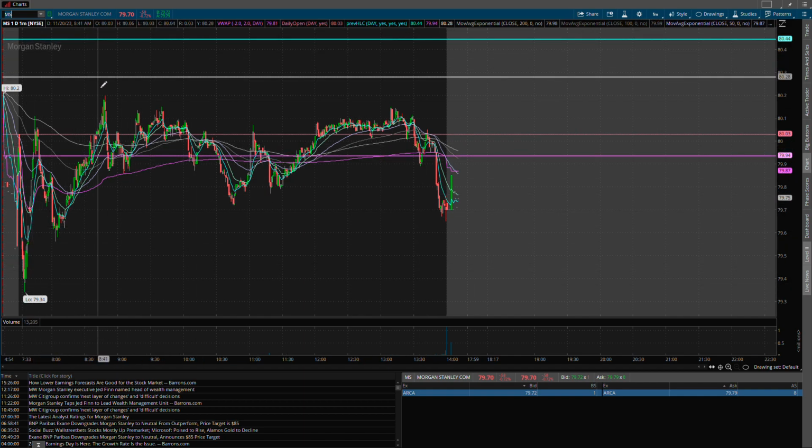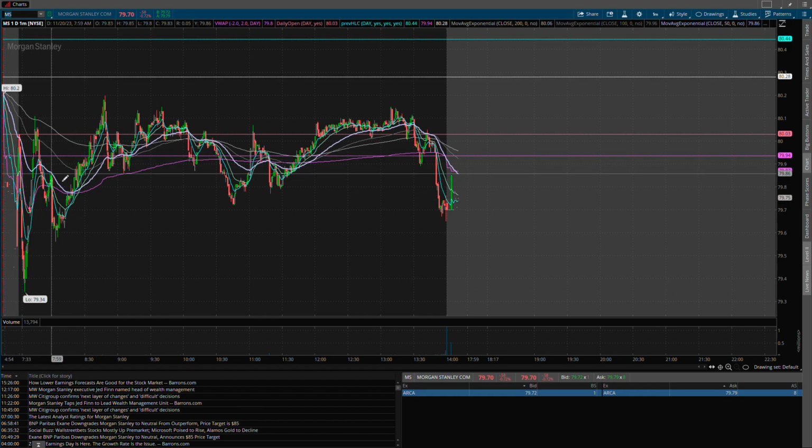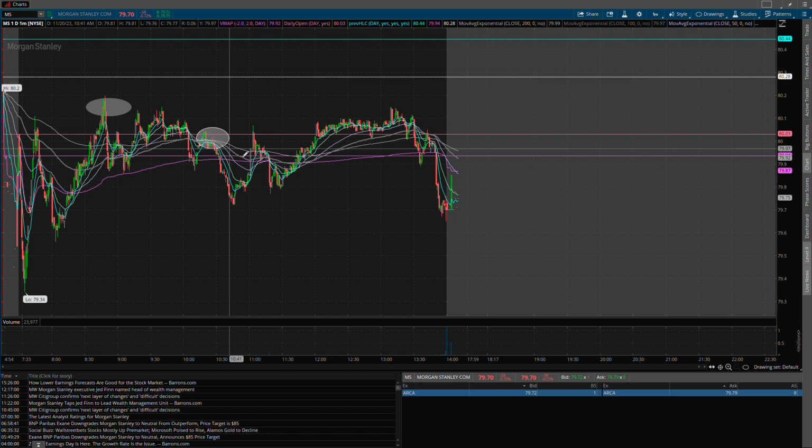Okay, so the previous day's high, previous day's low. It dipped below. It's just essentially painting a bearish picture. So any spikes would have been a good place to start shorting, selling. Here was another possibility, and right here as well.